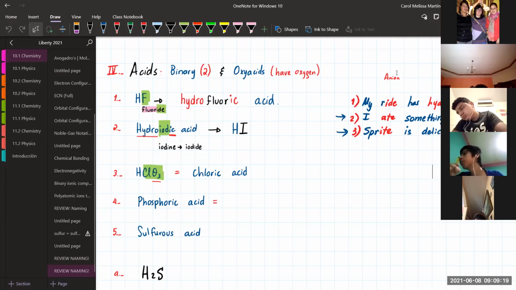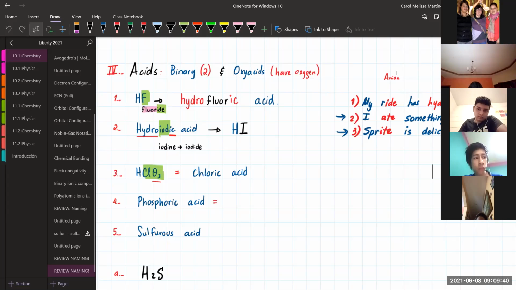In other words, if my anion ends in ate, ate is going to be replaced by ic. For example, the first one. We have the ion chlorate. So it ends in ate.